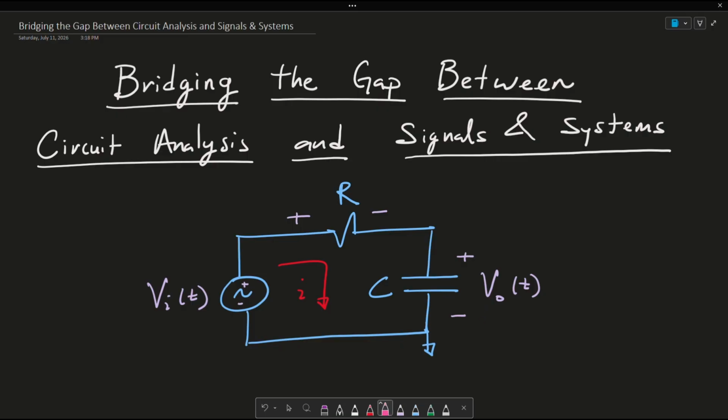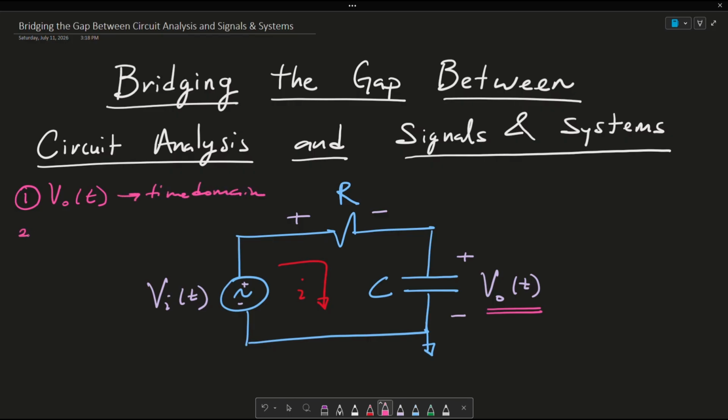Okay, so in this example, the first thing we want to do is solve for this v out of t in the time domain.